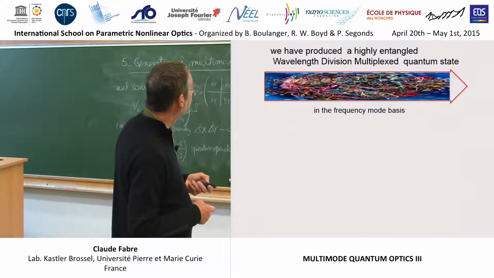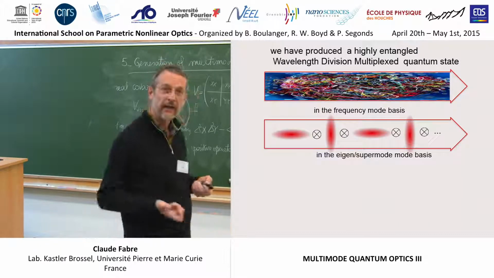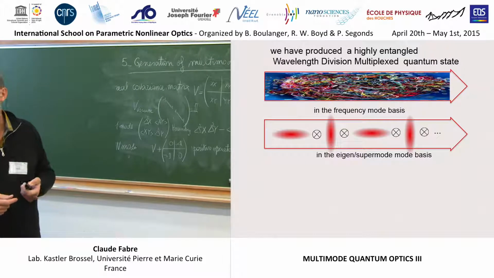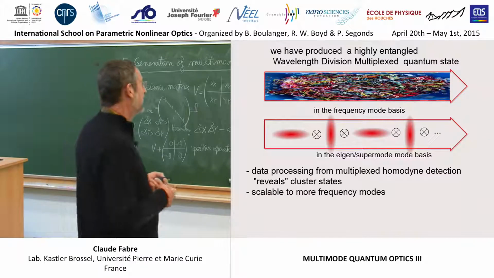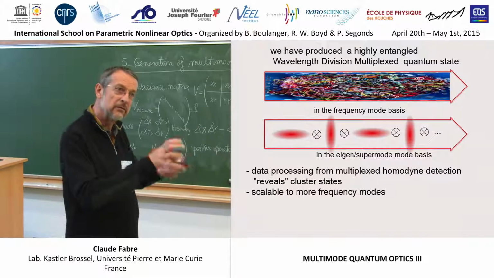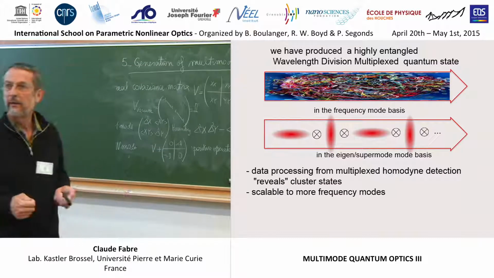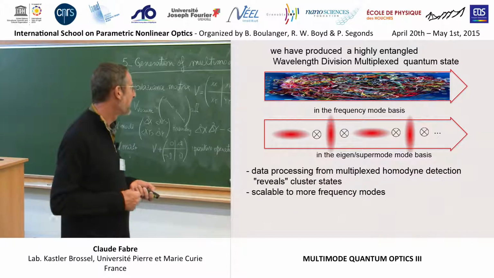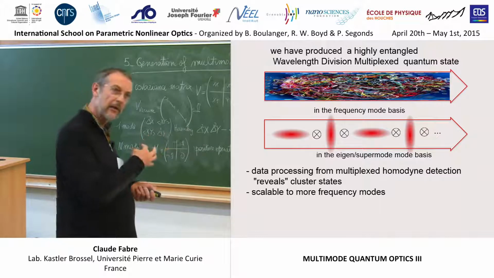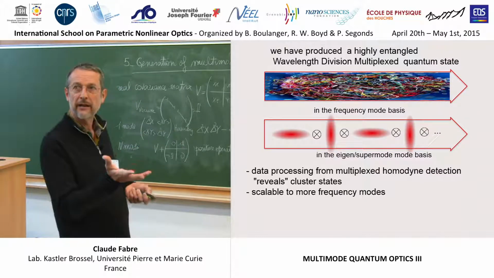Okay, as I told you, the frequency basis is a mess, but we are able to simplify the mess by looking at things in the right basis. Data processing reveals the cluster states, so you need only to mix your data in the right way to get the answer. And you have seen we have 6 bands in one case or 16 in the other.